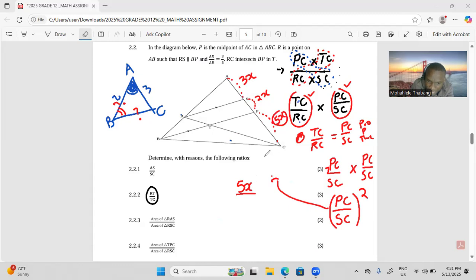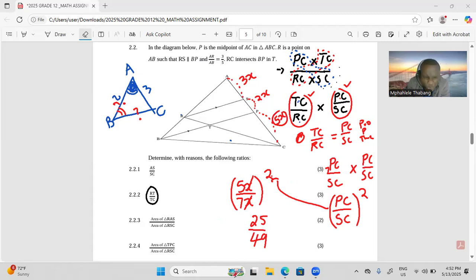What about SC? SC is 7x. Then you square. Remember, that should be squared. But x cancels x, so the answer here is 5 over 7 squared. I believe it's 25 over 49. Just press your calculator. So I'm going with 25 over 49 on 2.2.4.